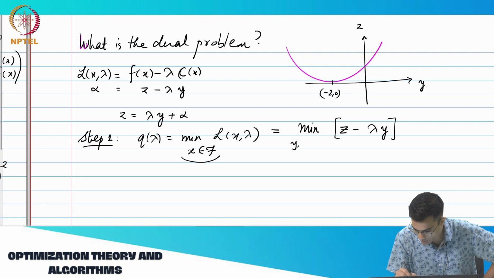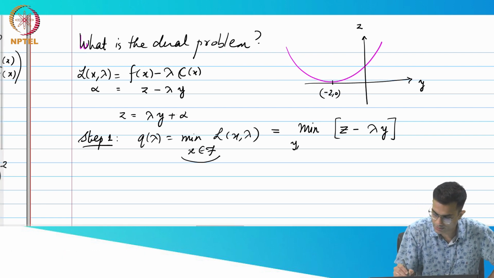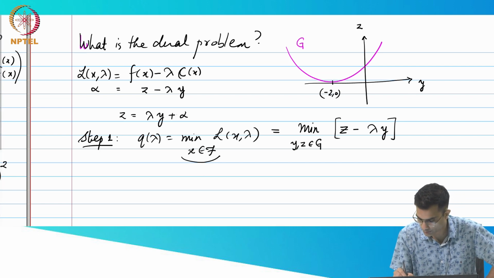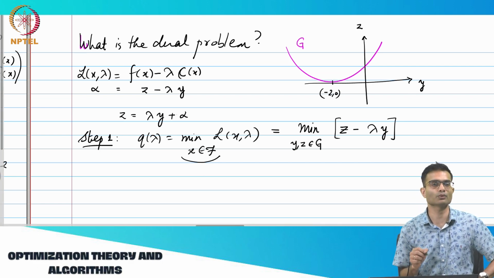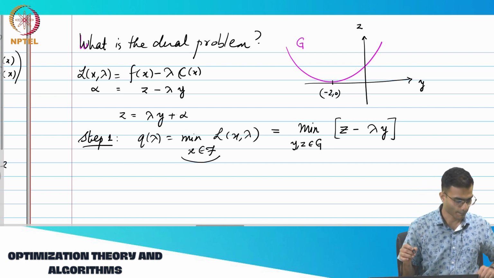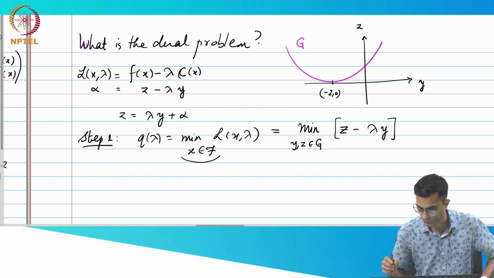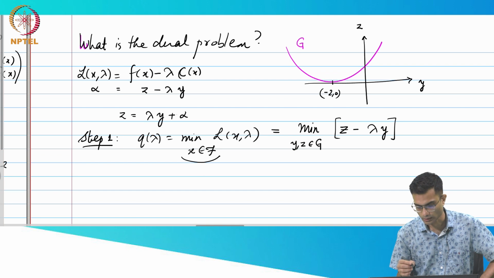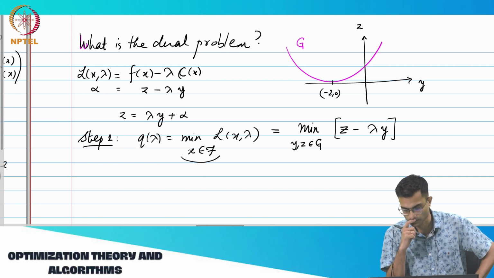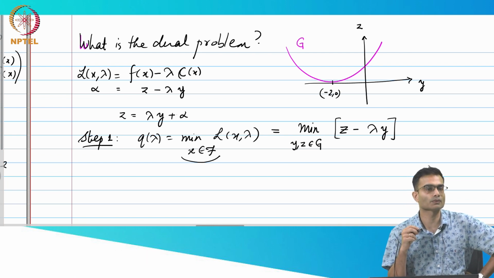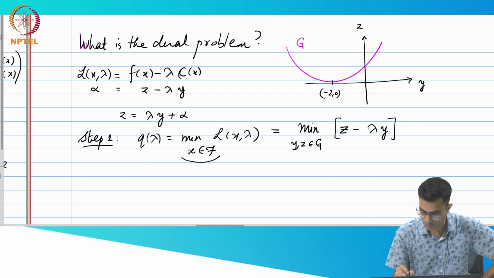We had already marked this region as G, so I will just say yz belonging to G, a convenient way to denote this whole thing. Actually, let's correct that. It should simply be y greater than or equal to 0. That was the feasible range.